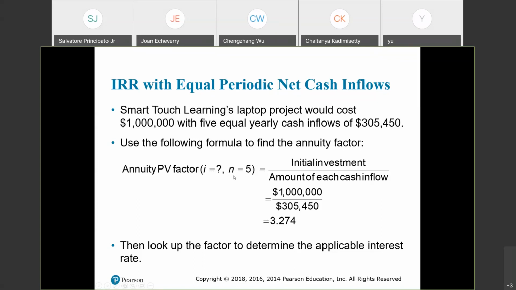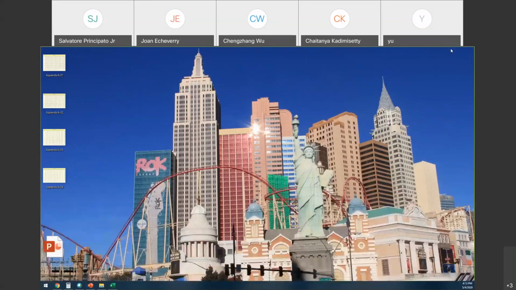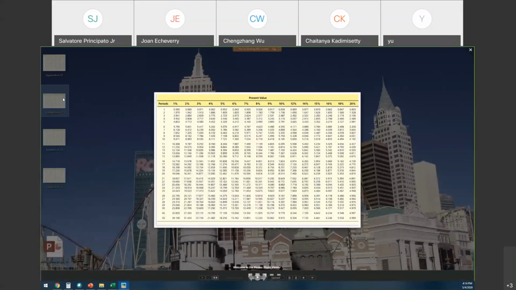To know the interest rate, we look at this table, the second table, annuity present value factor.